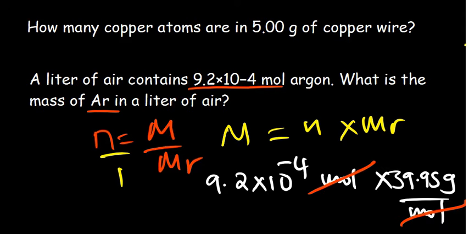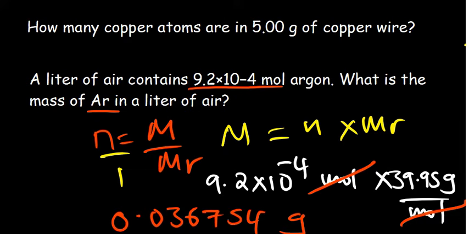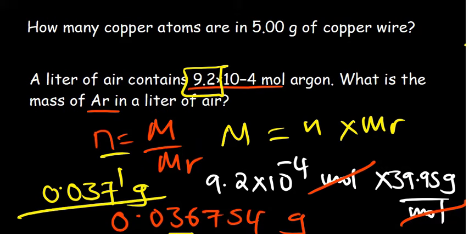So I'm multiplying that by that. So approximately I have 0.03675 grams. So if we are to leave our answer to two significant figures according to our question, we would consider 3 and 6, which would be 0.037 grams. So that's it for this question.